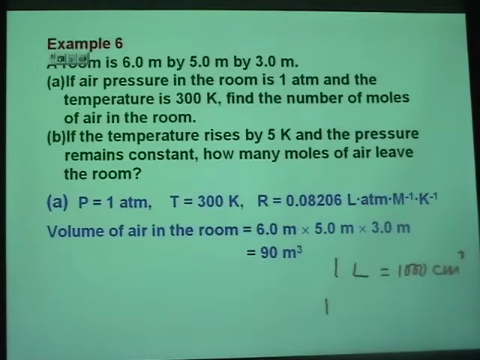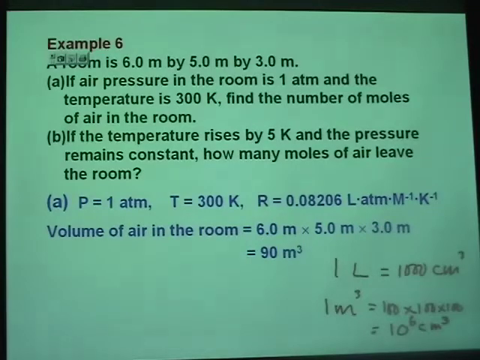And you know that 1 meter cube is how many centimeter cube? It is 100 centimeter times 100 centimeter times 100 centimeter. That is 10 to the power 6 centimeter cube.